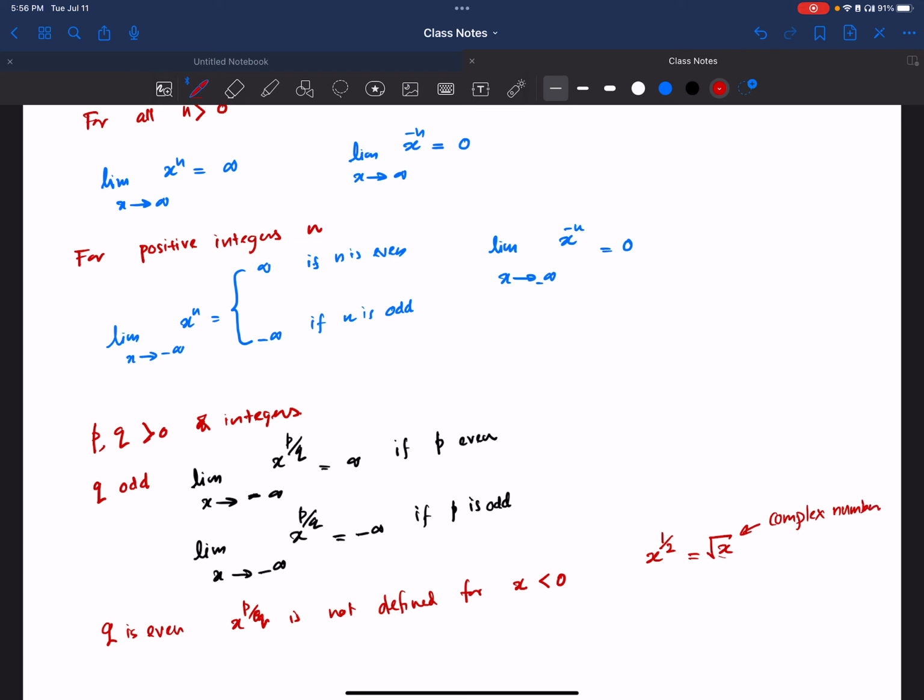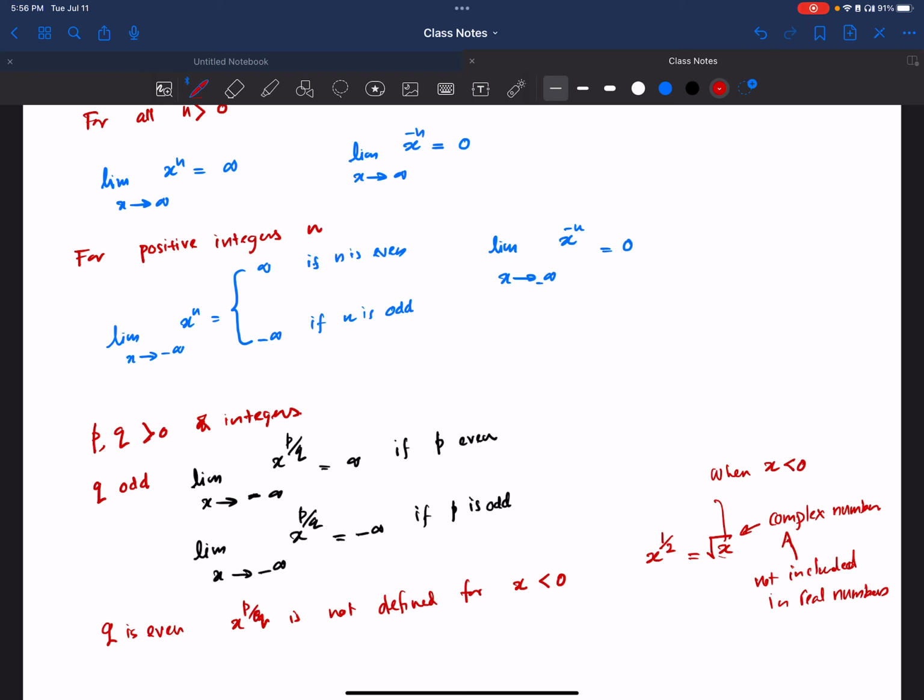Those are not included in real numbers. So when x is less than 0, this becomes a complex number that is not included in real numbers, so this case is not defined.